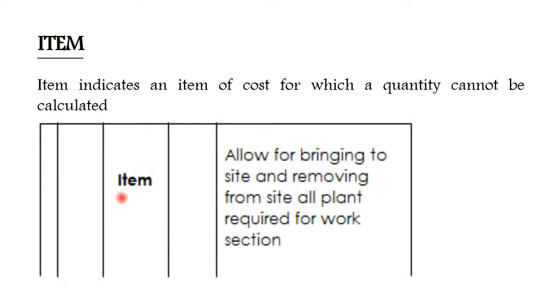So like in this case, in the dimension column, we just write item, and then on the description you say allow for bringing to site and removing from the site all plant required for the work section. So the cost of moving the plant to the site and also back to where the plant was, you just insert as a figure, and that's how it is. One item, just something that you cannot cost at the time of taking off.